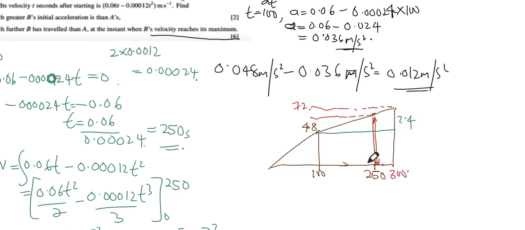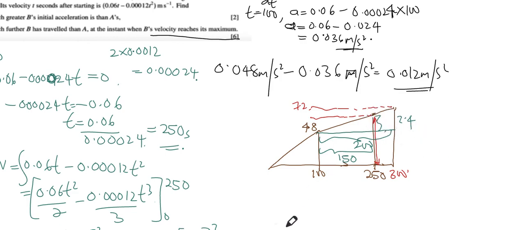The distance between 100 and 300 is 200 seconds. So if the distance between 100 and 250 is 150, what would be the height here? That's what we have to find.